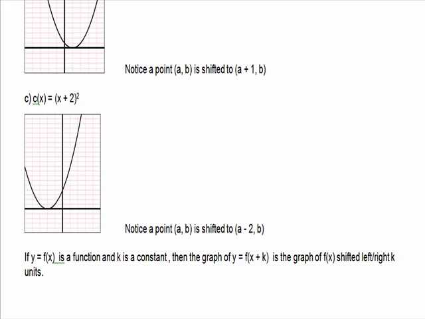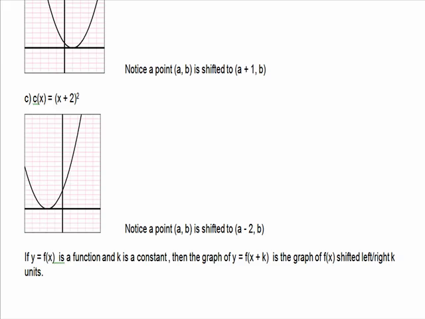So in summary, if y equals f of x is a function and k is a constant, then the graph of y equals f of x plus k, or h, or whatever I want to use, is the graph of f of x shifted either left or right k units. Some students think, oh, it shifts the opposite of what I see.